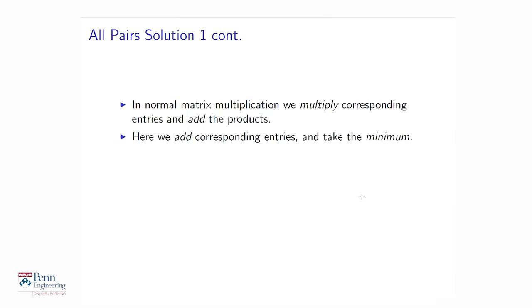We multiply the corresponding terms in the row and the column, and we add up the products. Here, we're taking a row of the first matrix and a column of the second matrix, but we're adding the corresponding terms and then taking the minimum of the sums. So this is a little bit different, but the structure is the same as matrix multiplication.